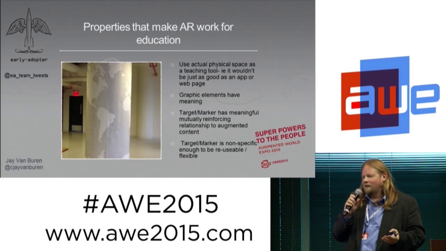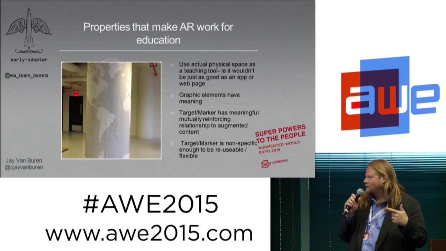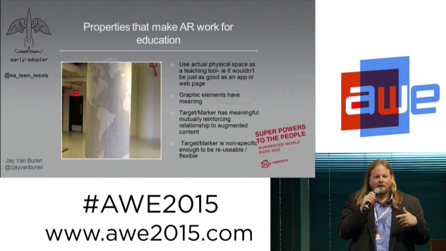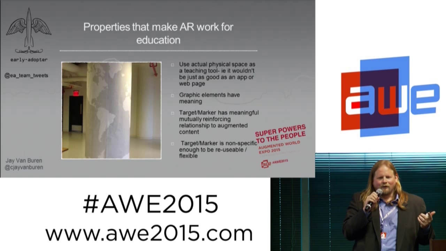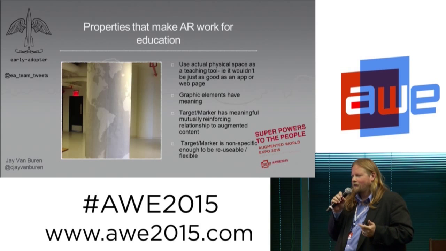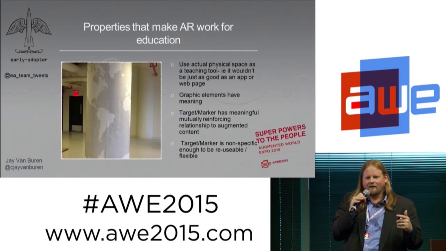Also, the graphical elements need to have meaning, and they need to have a mutually reinforcing relationship to the augmented content. In other words, if the target itself has no meaning to a human, why aren't you just using a QR code that's faster? Everyone knows that that's supposed to trigger something. So the augmented content and the marker need to have some kind of relationship.